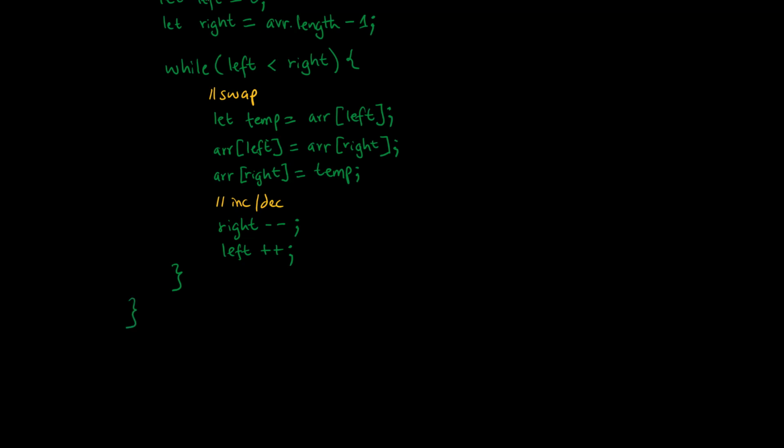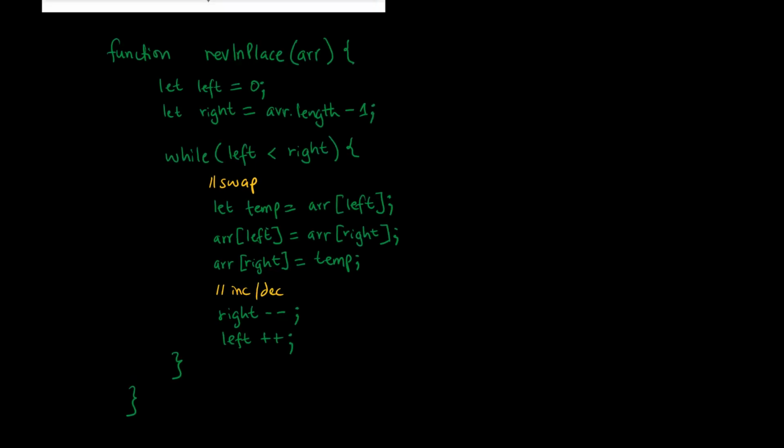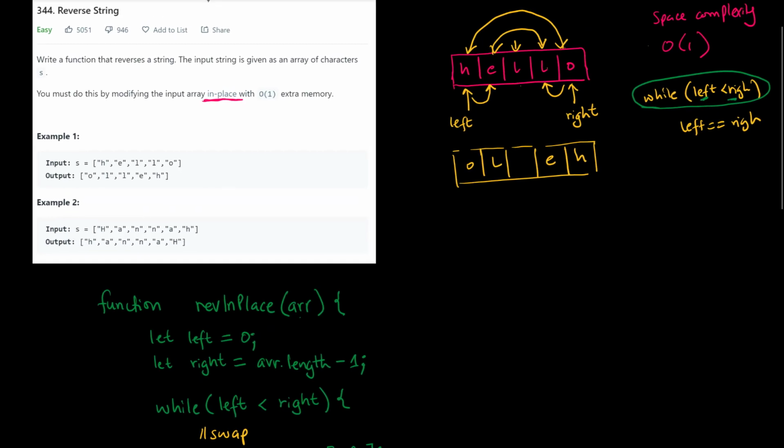It doesn't need to return anything. This is in place. Give it this array, and it actually mutates the array. You don't need to return anything. So this is not a pure function. Yes, that's all. You'll be surprised, that's all.